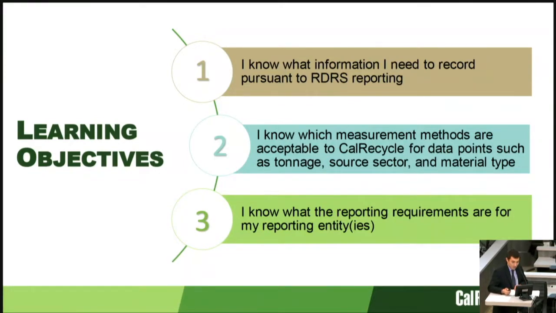So to recap our learning objectives, hopefully we've covered our bases here in terms of knowing, for each entity type, what information you'll need to provide to the department for the flows that you send. Hopefully you understand a little bit more about the acceptable measurement methods for tonnages, source sector, material type, and jurisdiction of origin.